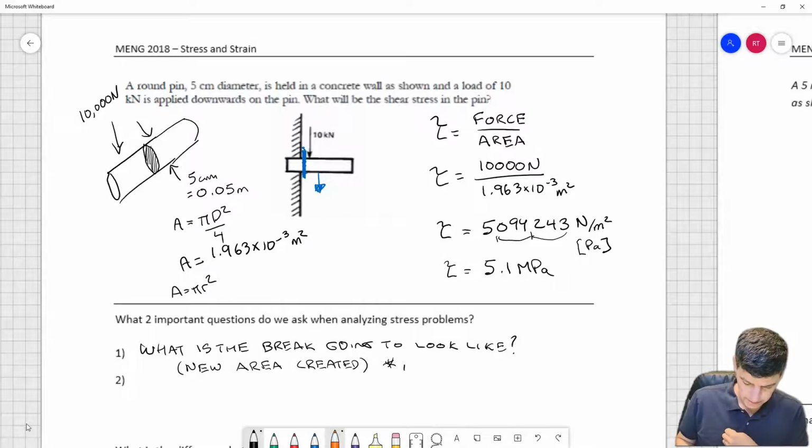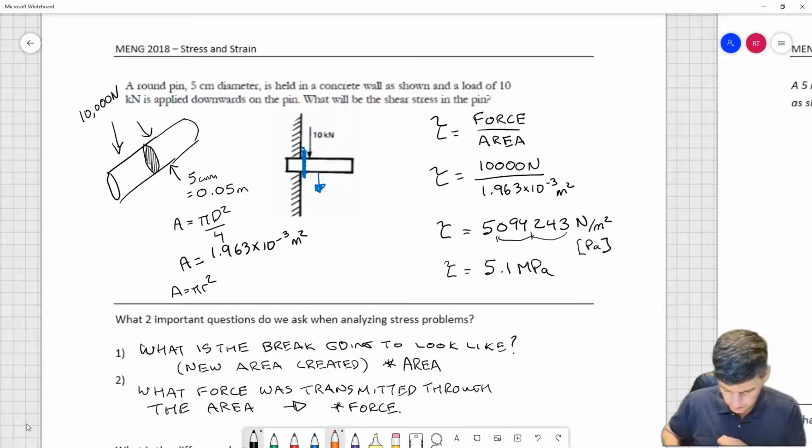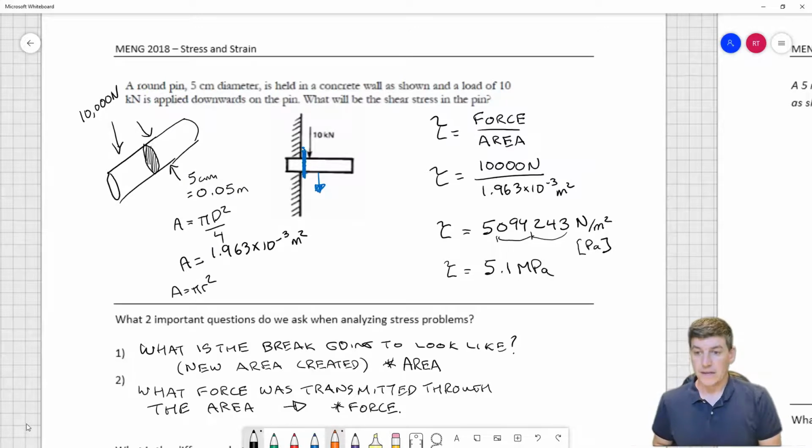That becomes your area. And what force was transmitted through that area? That becomes your force. Divide force by area, and you've sorted out how much stress was in that part, regardless if it was shear or normal stress.